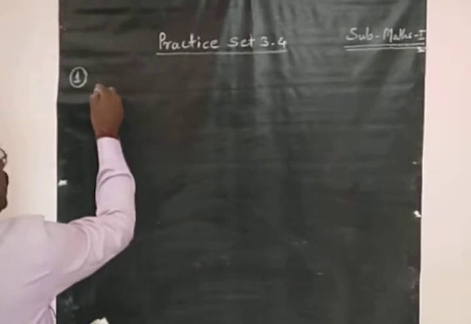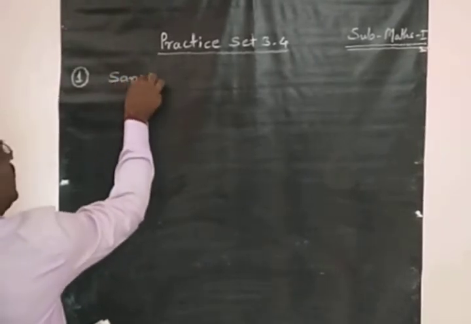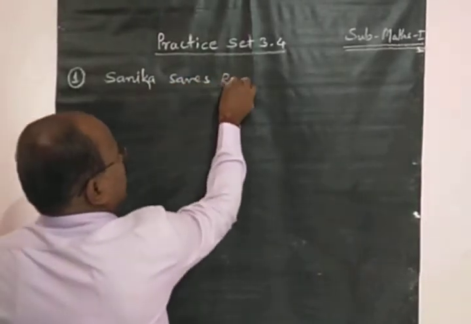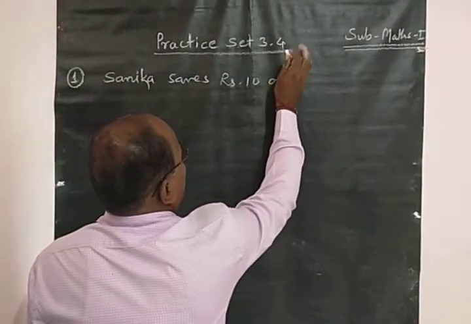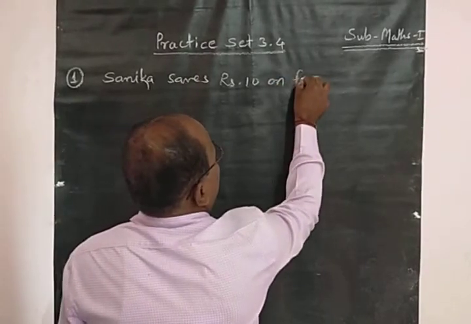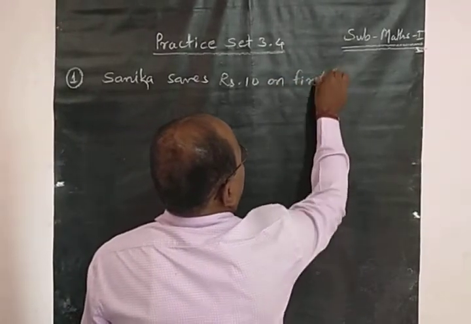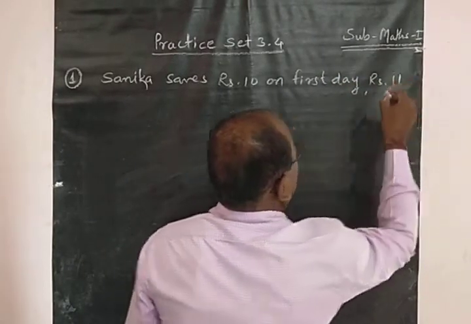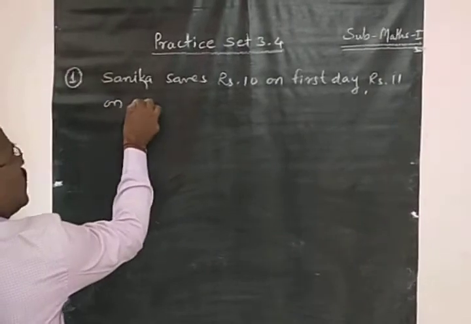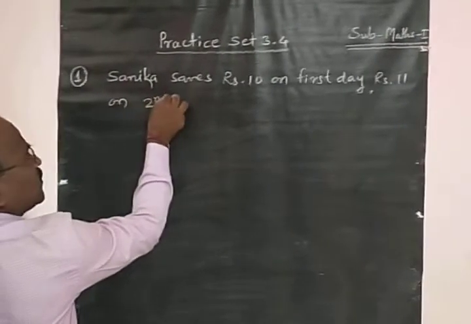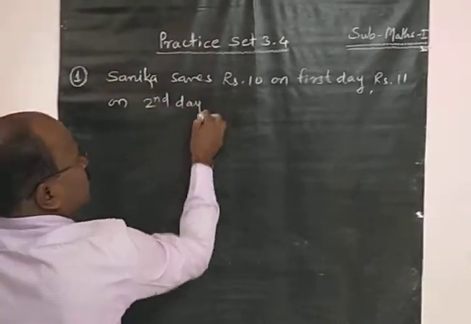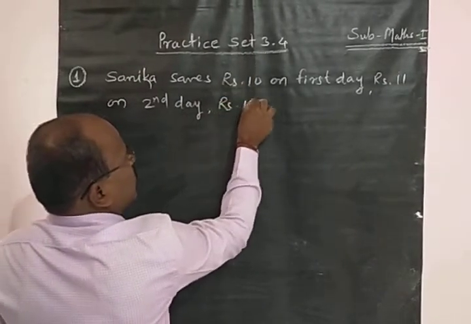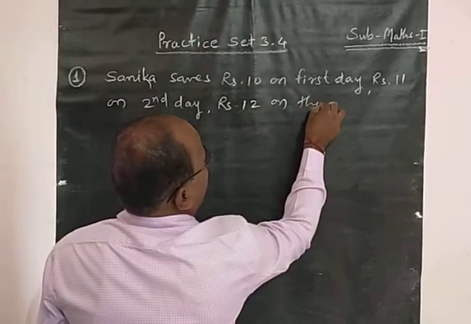Sanika saves rupees 10 on first day, rupees 11 on second day, and rupees 12 on third day.